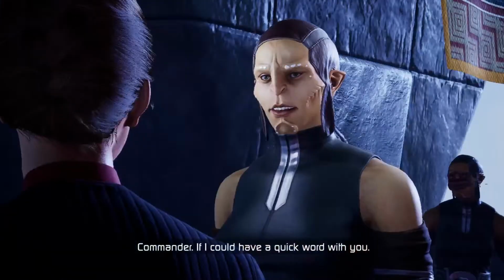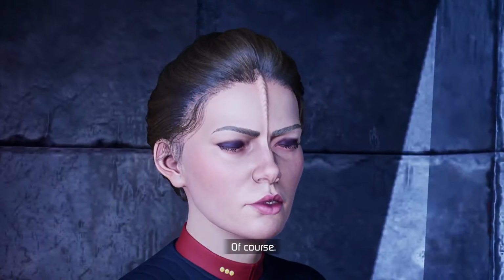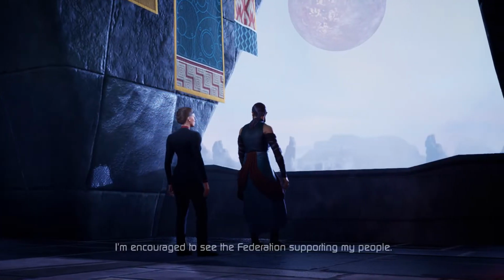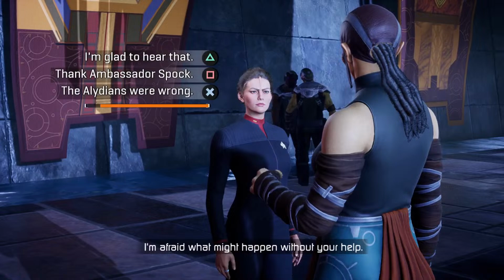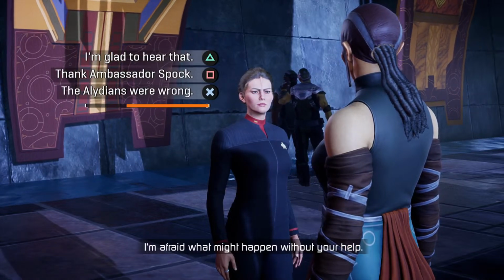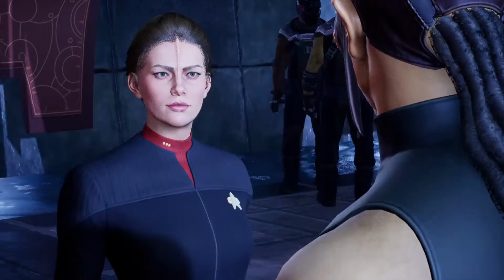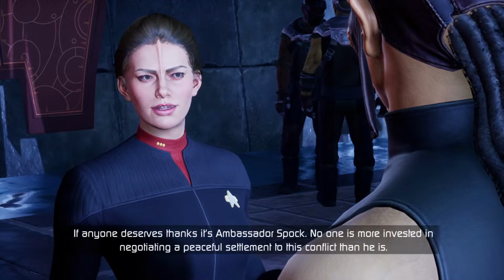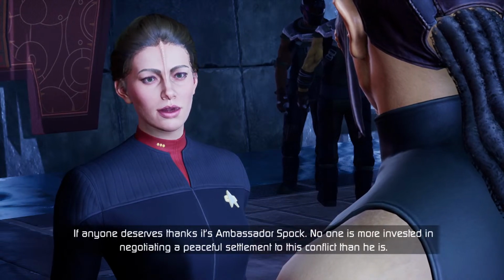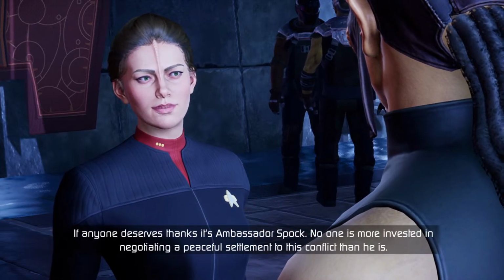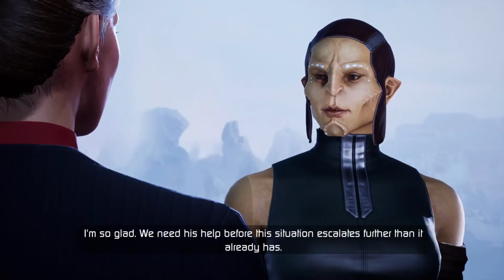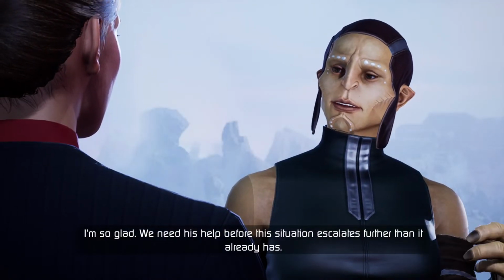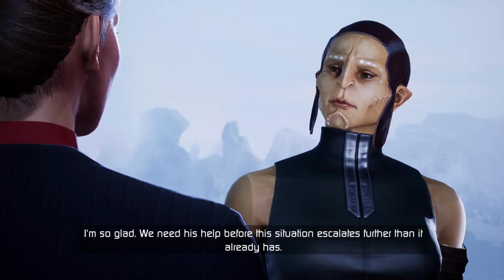Commander, if I could have a quick word with you. Of course. I'm encouraged to see the Federation supporting my people. I'm afraid of what might happen without your help. If anyone deserves thanks, it's Ambassador Spock. No one is more invested in negotiating a peaceful settlement to this conflict than he is. I'm so glad. We need his help before the situation escalates further than it already has.